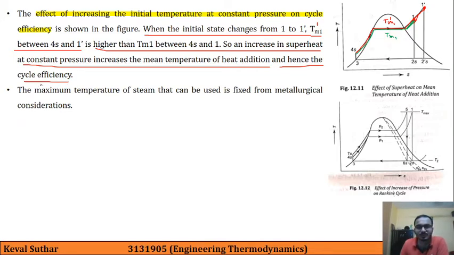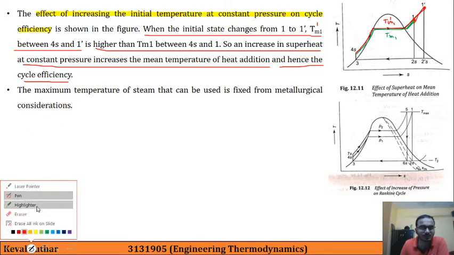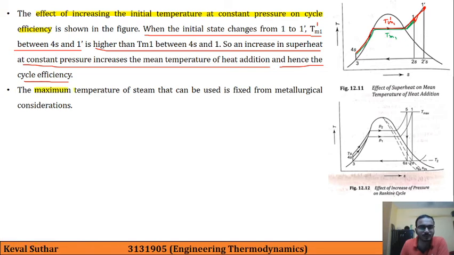Now we are going to see the maximum temperature of steam. This is fixed by metallurgical conditions, because the material that we are using for our turbine blades has some maximum limit that it can tolerate or sustain.